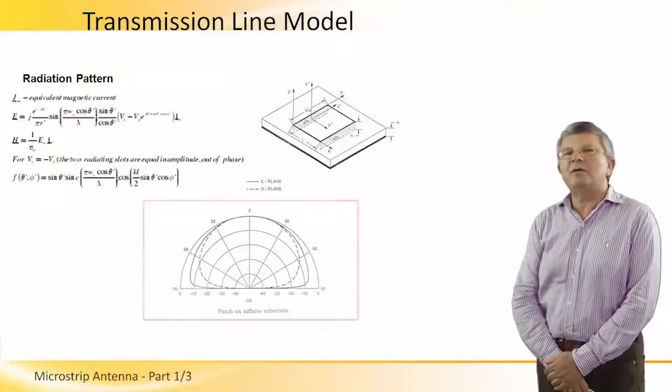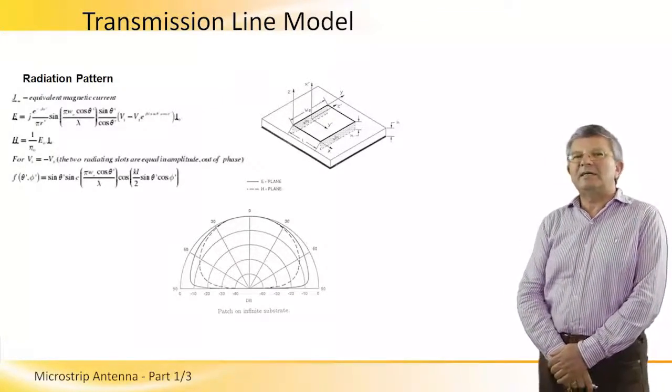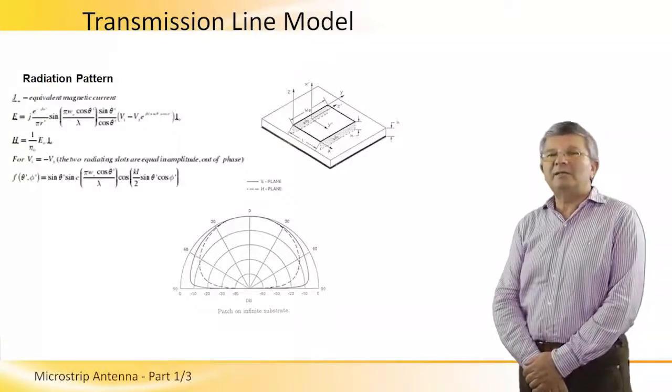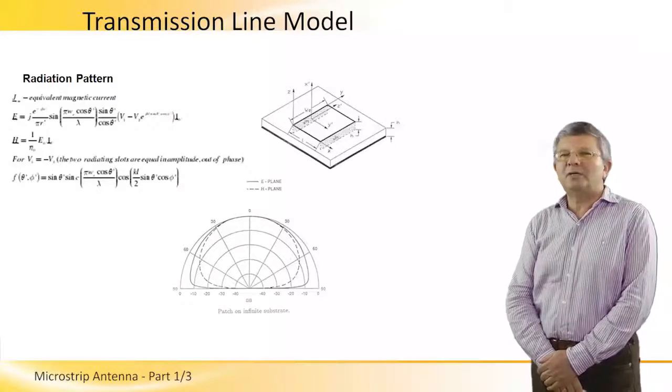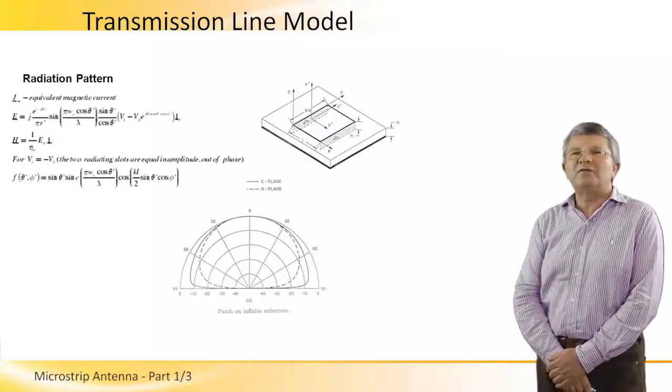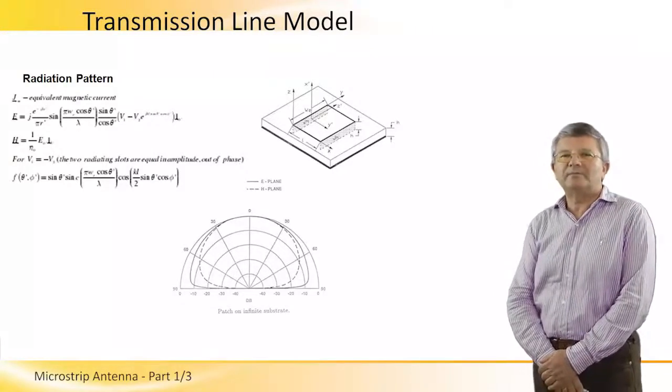Therefore, a patch antenna can be used either as a single element or as an element in an array in order to control the radiation features of a larger antenna.